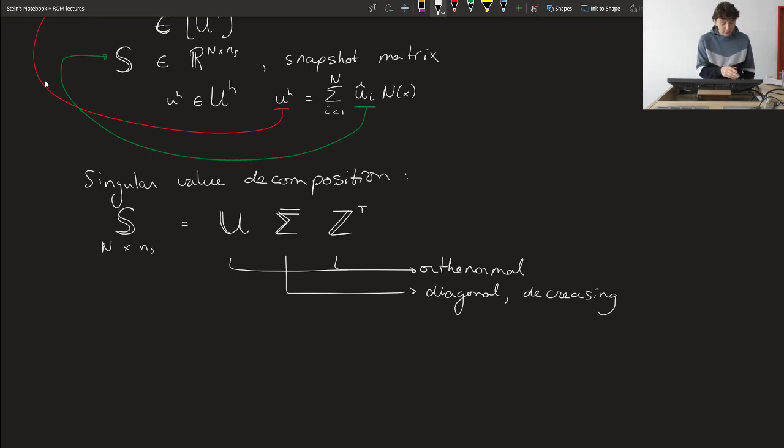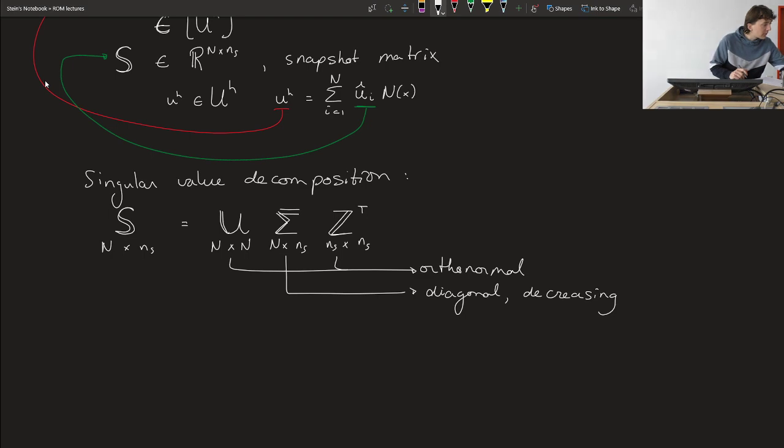For these matrix sizes to add up, we have to begin with the big N and end with NS. Because the first and the last are orthonormal, they have to at least be square. So these are big N and NS, which already shows that the central matrix goes from N to NS.